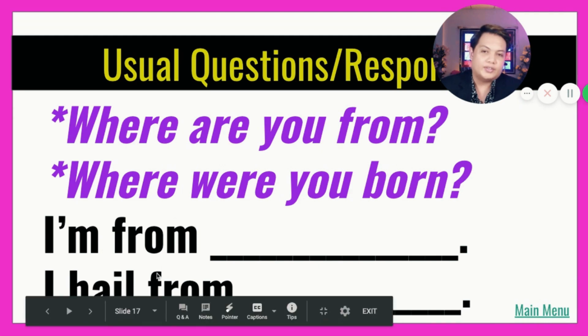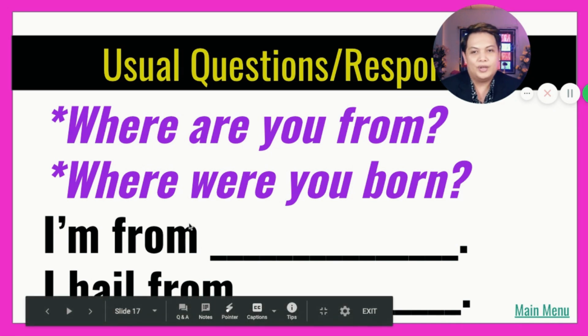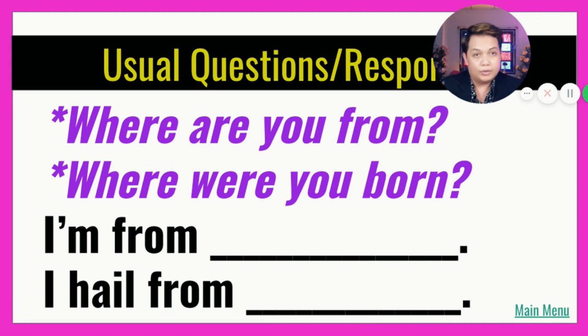All right, so now you could answer by saying this. I'm from, for example, for teacher Chris, I am from the Philippines, and your country right over here. Now, you could say, I hail from the Philippines. Okay, so this one is basically the same. I am from, or I'm from, or I hail from. You could use either of them.